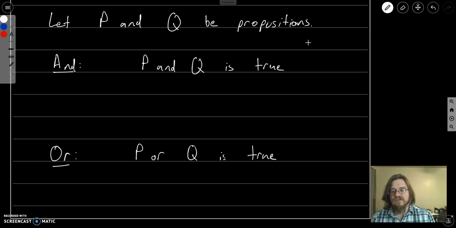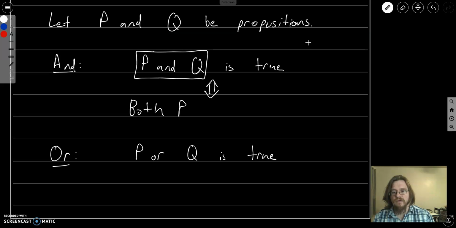If I separate two propositions with an and, in order for this entire proposition here, the combination of P and Q, in order for that whole thing to be true, and means that both P is true and Q is true.